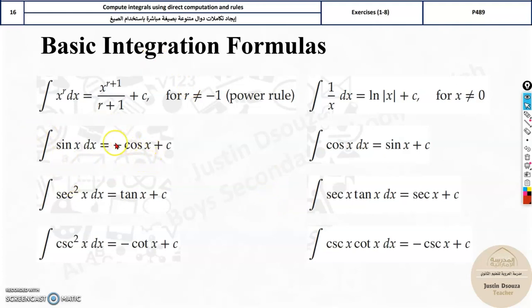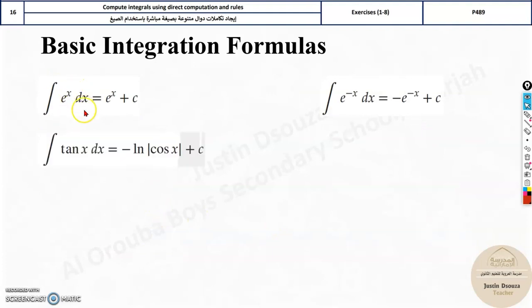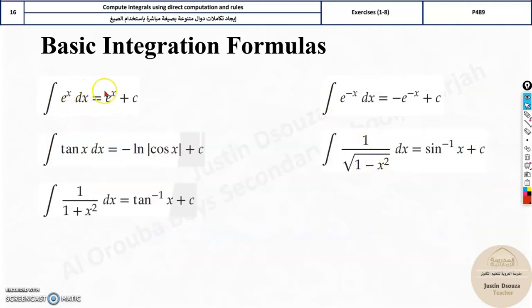Again, I will repeat one thing. Whenever the answer is cos, you will have a negative sign. Wherever there is c, that is cosine or cotangent or cosecant, you will have negative. Similarly, there are more formulas on integrals of exponential functions. So these are the exponential function, tan inverse formulas. Please go through them. You need to remember these.